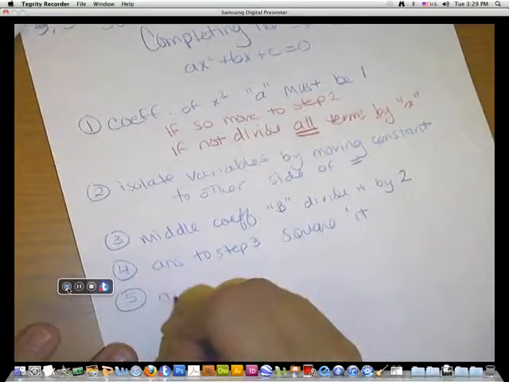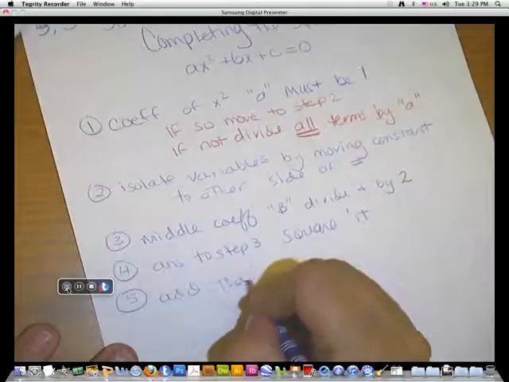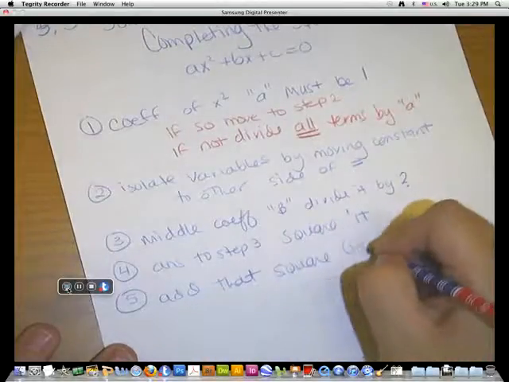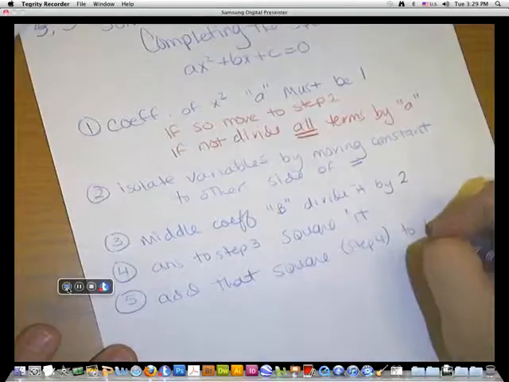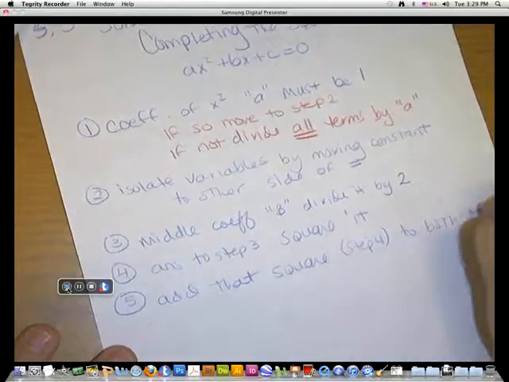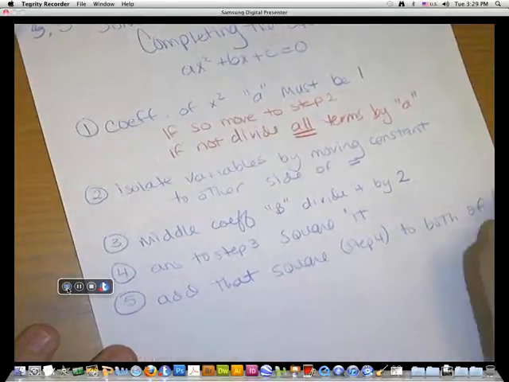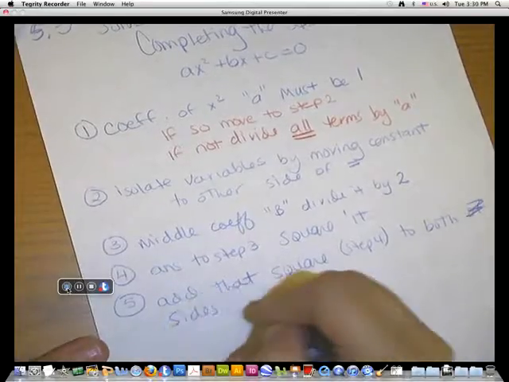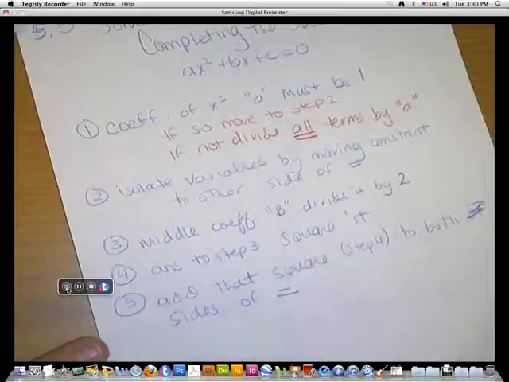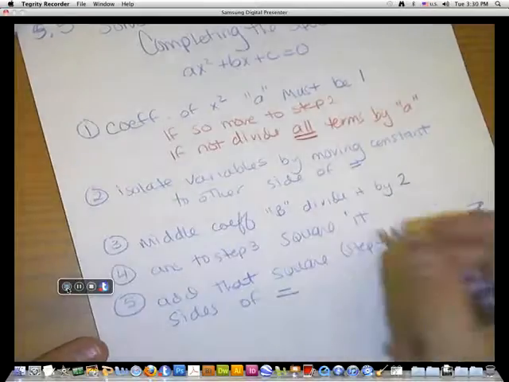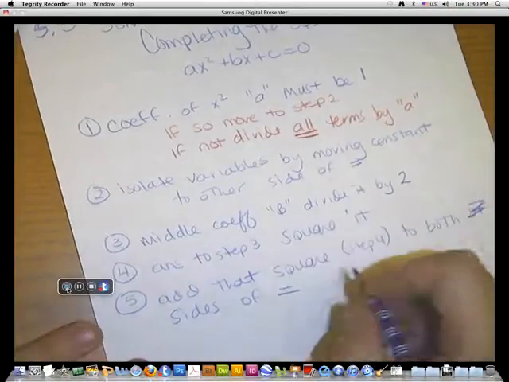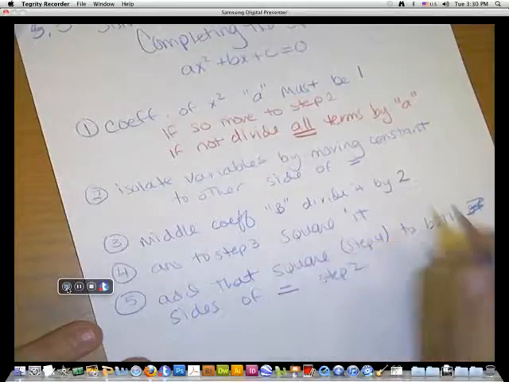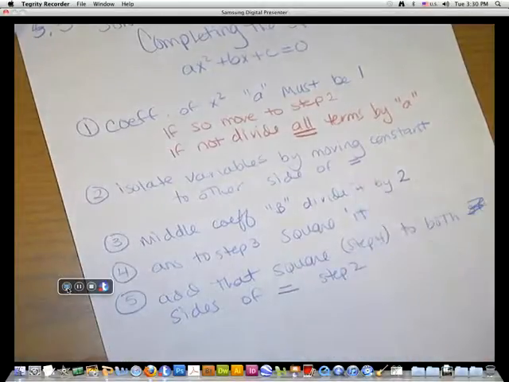Step 5, we're going to add that square from step 4 to both sides of the equal sign that we now have, that came from step 2, back up here after we moved the constant.